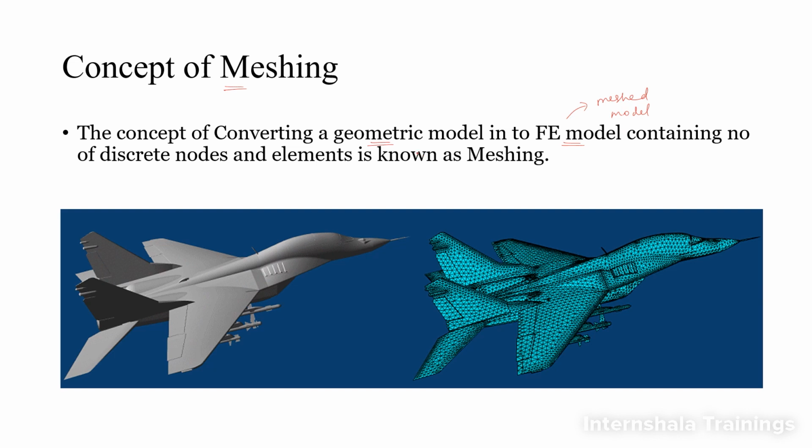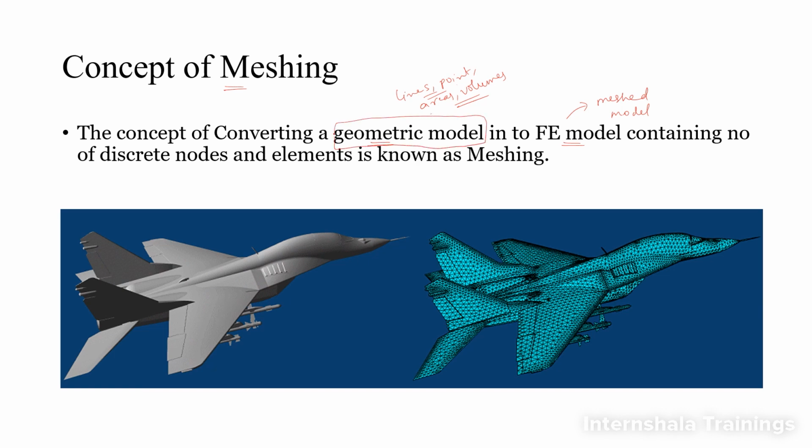So geometric model is nothing but a model which contains geometric elements, lines, points, areas, volumes. So whatever the digital model, if it is made up of lines, points, areas and volumes, vertices and other kinds of geometric entities, it is called as a geometric model.